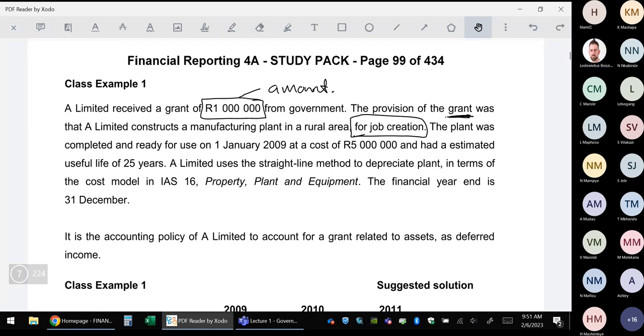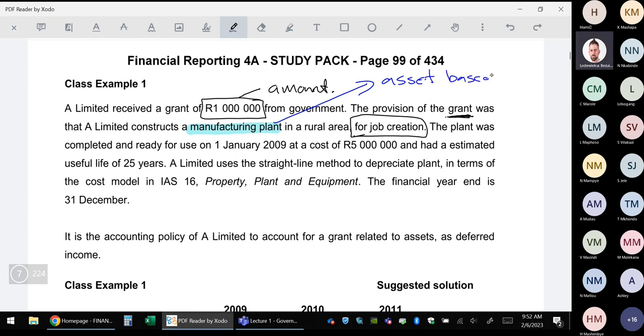And we also see that we have to construct a manufacturing plant. So in this question, we can see that that refers to an asset-based grant because we have to construct a manufacturing plant. It's not linked to an expense in the income statement.